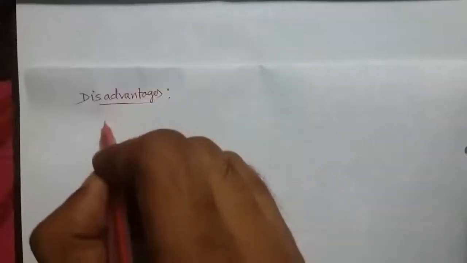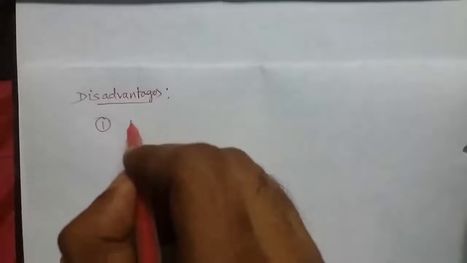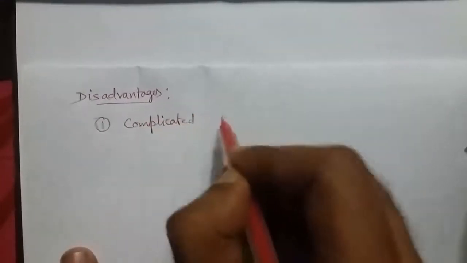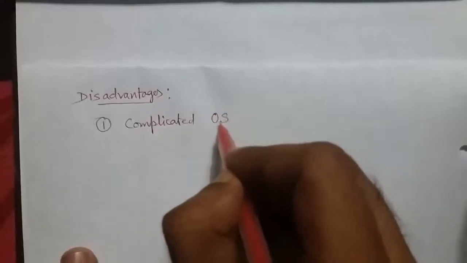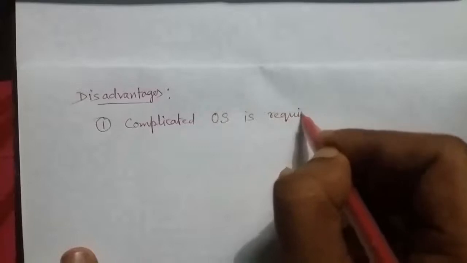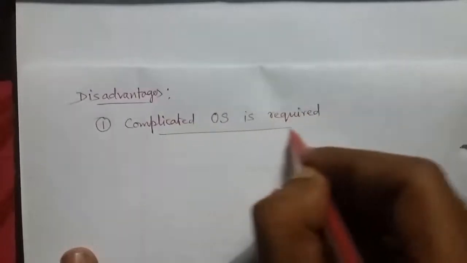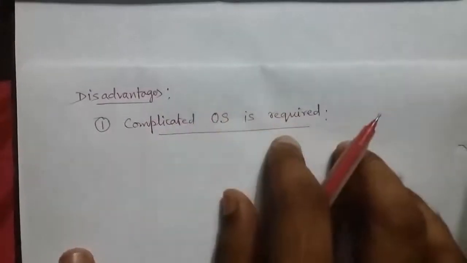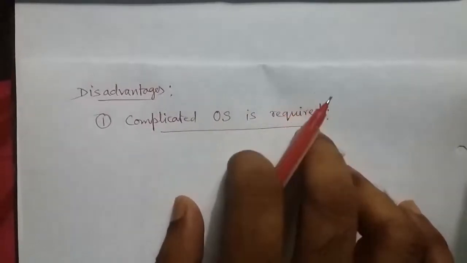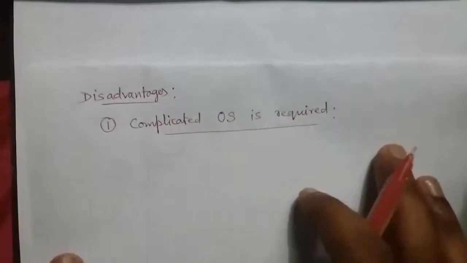multiprocessing system. Now we will learn about the disadvantages. Number 1, complicated operating system. A complicated operating system is required because here multiple processors share the same memory and peripherals, so it is very difficult to schedule processes.